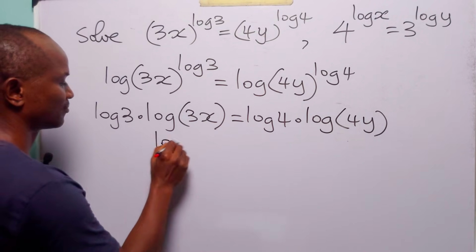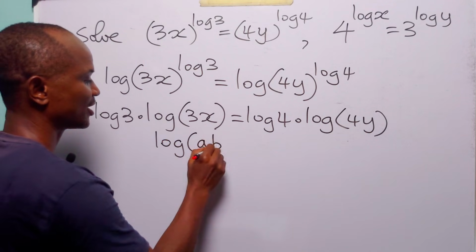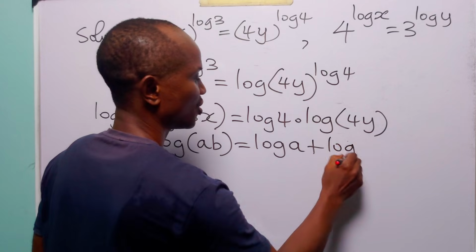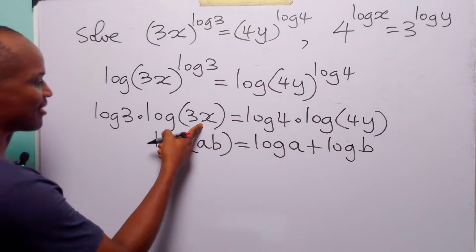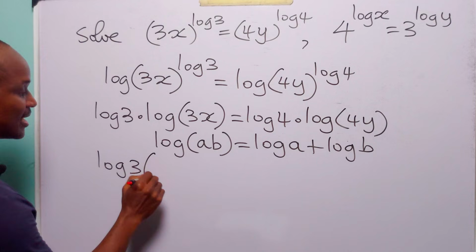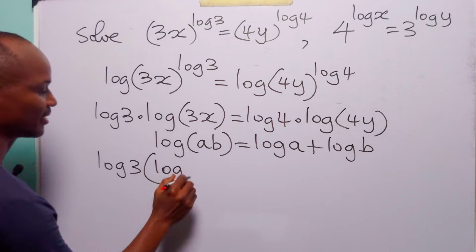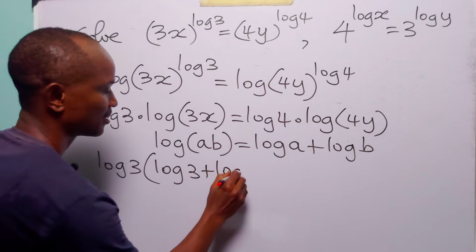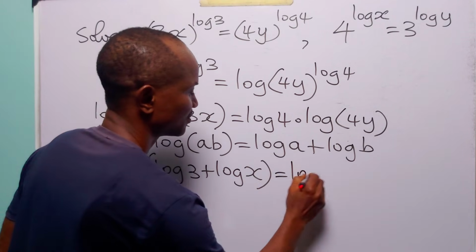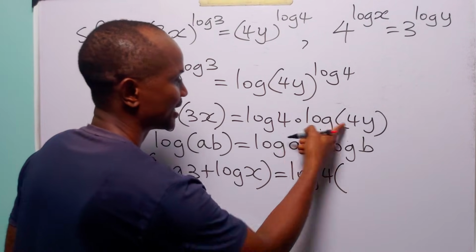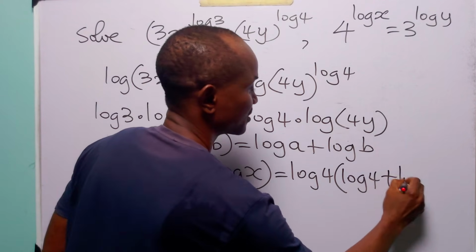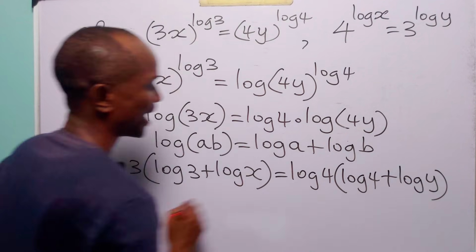Remember that log AB is equal to log A plus log B. So we can write this as log 3 times (log 3 plus log x). And this is equal to log 4 times (log 4 plus log y).